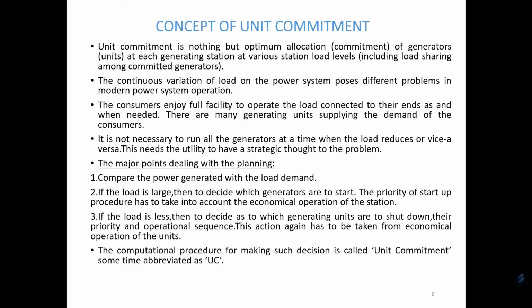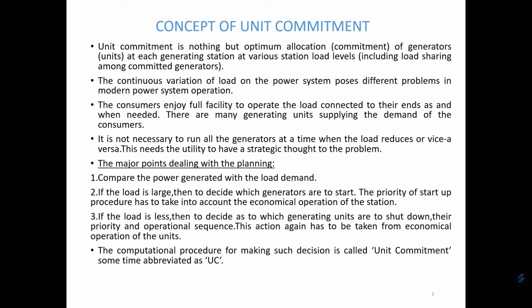We know that in case of an interconnected system, there is a variation of load on the power station from minimum to maximum load level. So whenever there is a load change, at that time we have the challenge that we need to select the generators among the available generators, and we have to take care that whatever the commitment, it should be optimum.